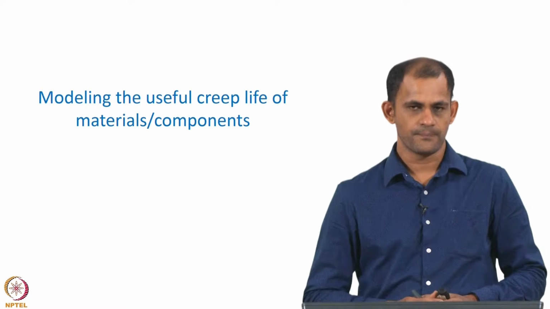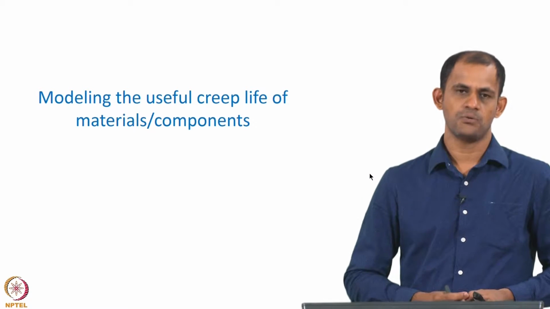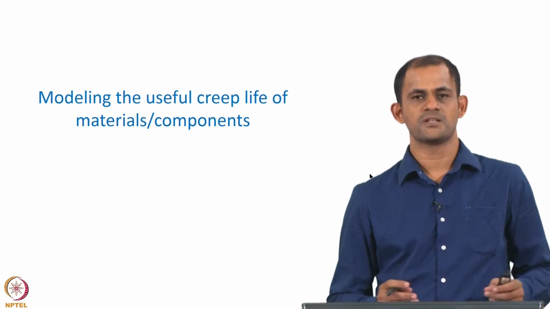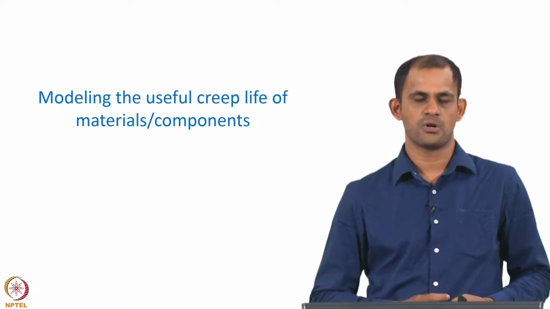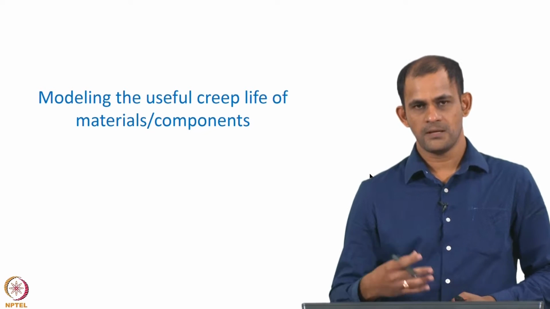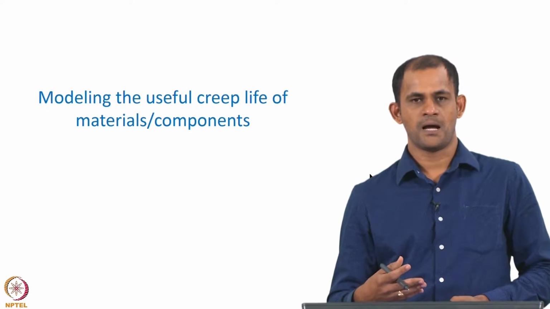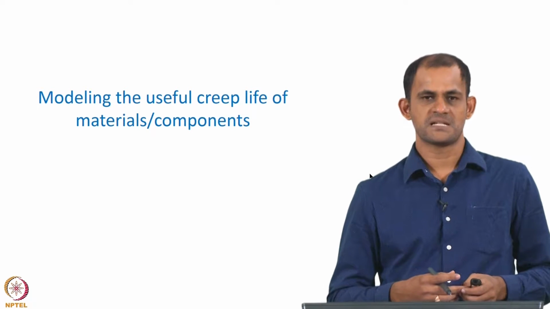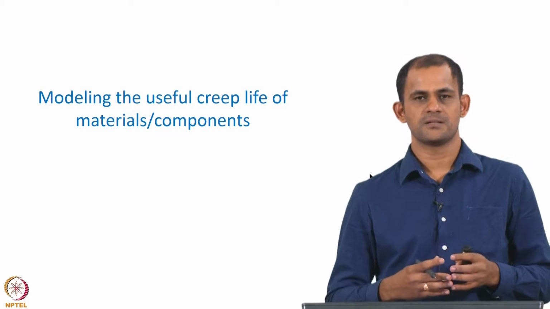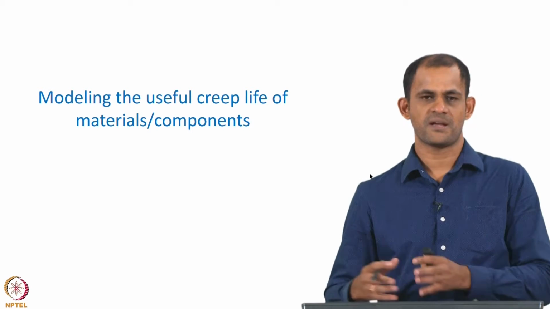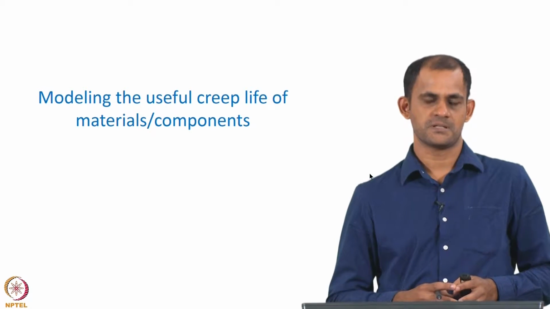So, that was about deformation mechanism maps, and now we are coming to the portion related to modeling the useful creep life of materials or components. All the mechanisms of creep that we have discussed so far are being used by engineers and scientists to predict the creep performance of a material under a certain set of temperature, stress and microstructure conditions or parameters.